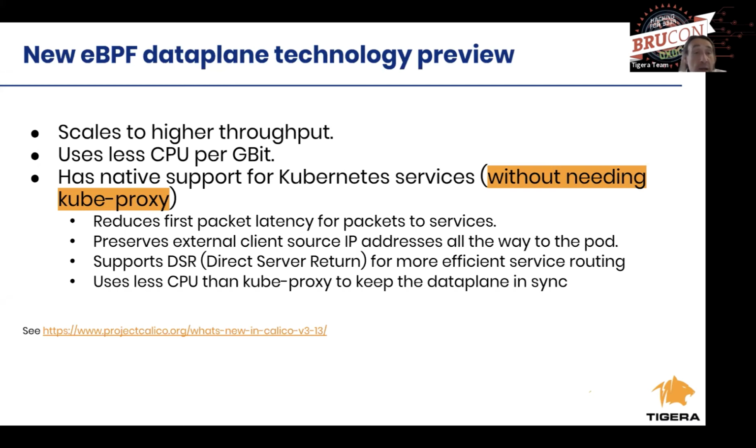That's why Calico also has an eBPF, so an extended Berkeley packet filtering, data plane technology preview, which is actually a new way of doing all the redirection of packets. It's based on kind of microcode that you're running in your kernels that makes sure the packets reach the right pods.